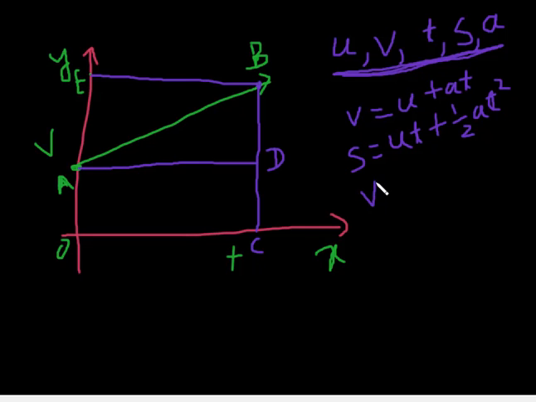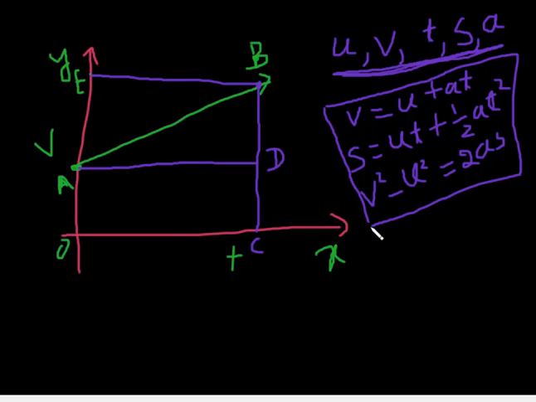Third one is v square minus u square is equal to 2 a s. Okay, so these are the 3 relations that we are going to prove with the help of the graph. You should keep this one in mind.